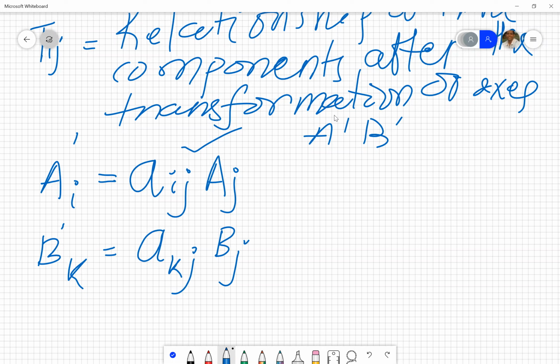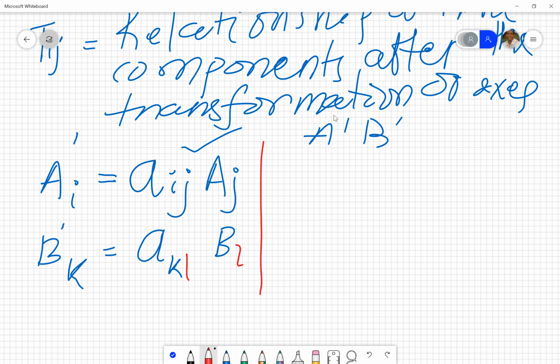Oh, sorry, we are not using BJ because J is already used in the above equation. So we are using L here: KL, BL. Now, does this equation look all right or not?